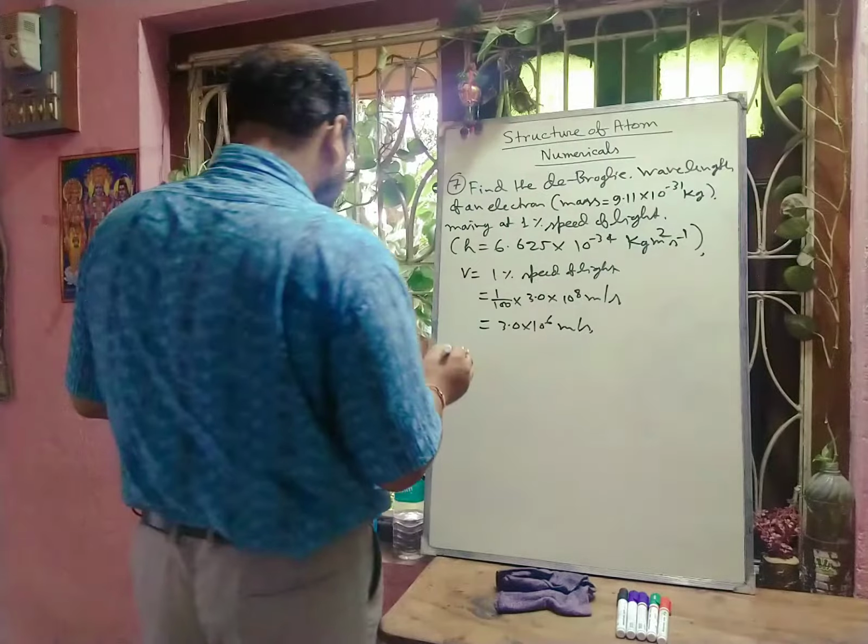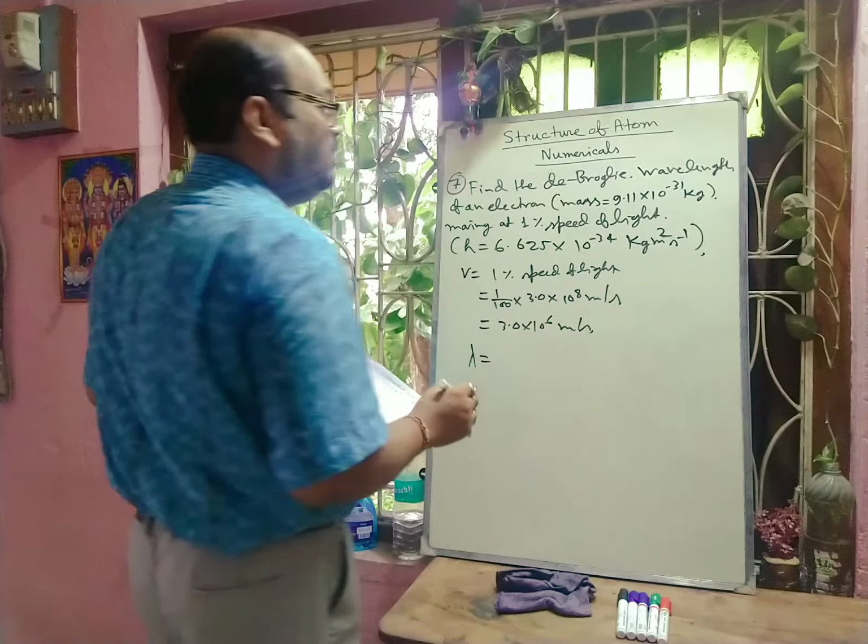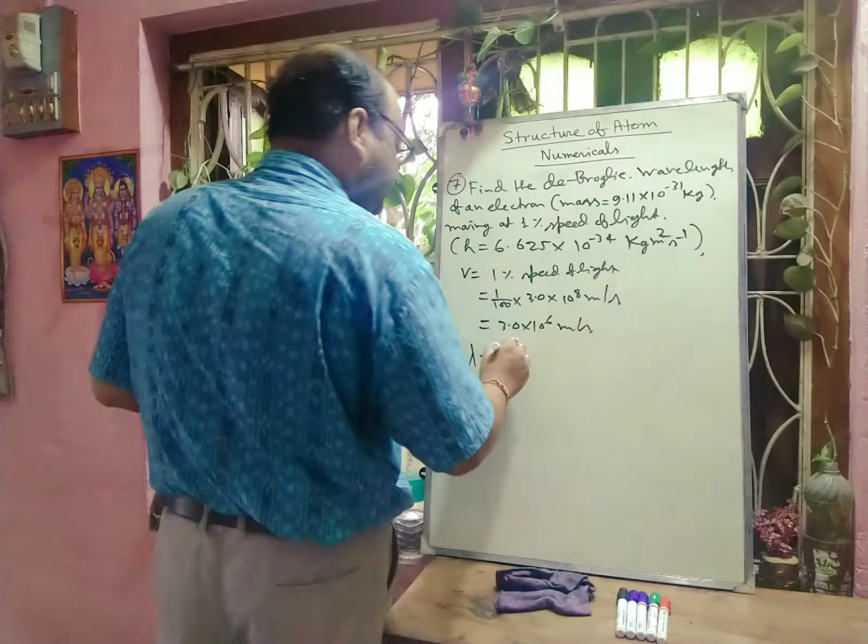Now we know that from de Broglie's wavelength, lambda is equal to h by mv.